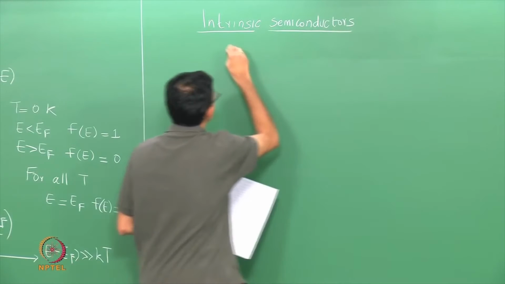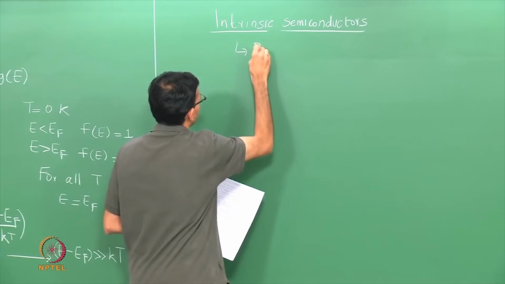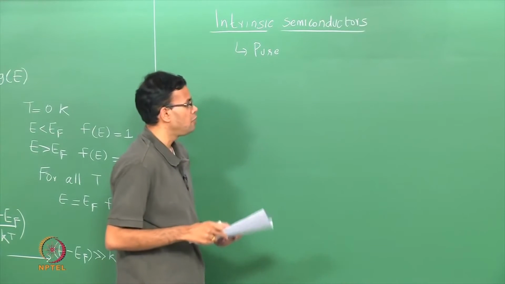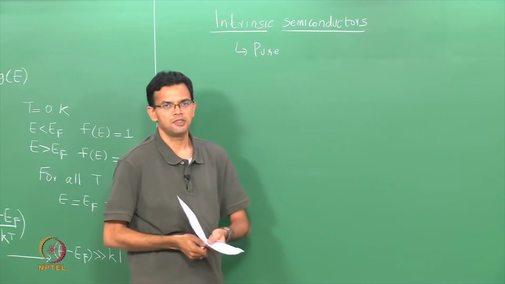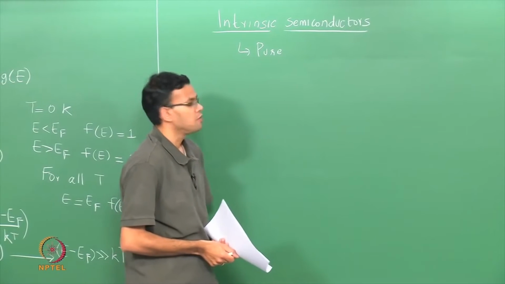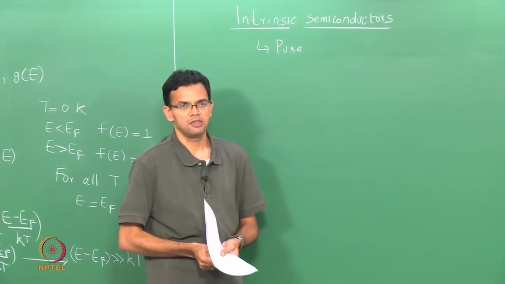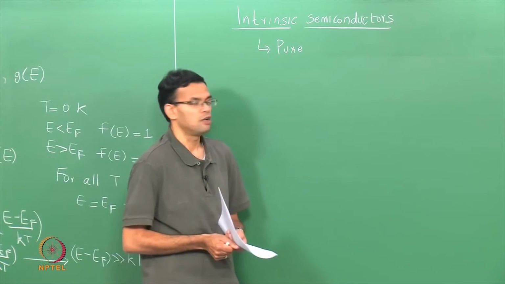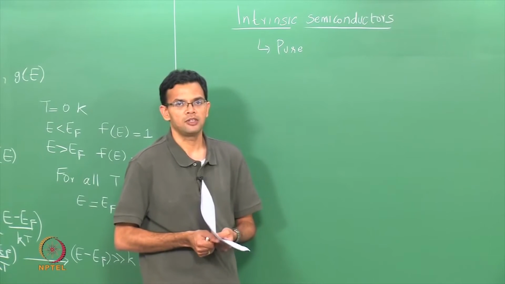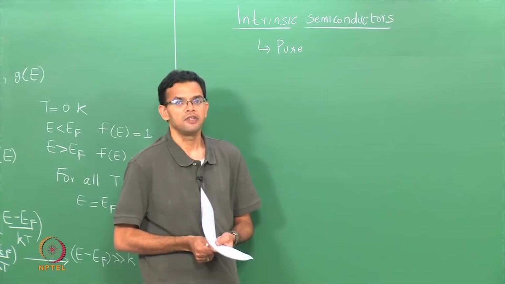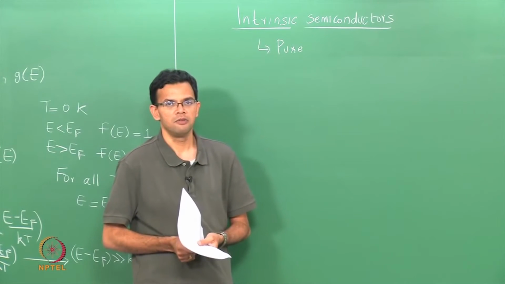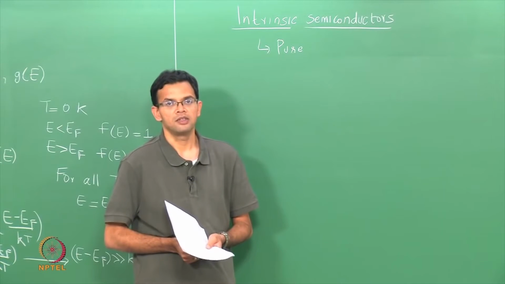Another name for this is a pure semiconductor. We will use the concepts of the density of states and Fermi function to calculate the carrier concentration, that is the electron hole concentration. We will also define concepts of electron mobility and conductivity. Once we have done this for the intrinsic semiconductors, we will move on to extrinsic semiconductors.